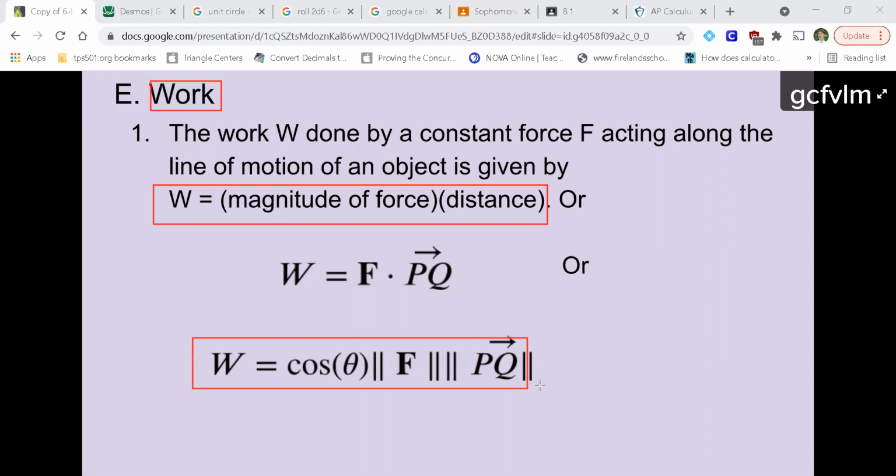This one might be helpful because it's actually what you end up doing. For most of your problems, you're going to find the parallel component of your force to the direction that you're moving.